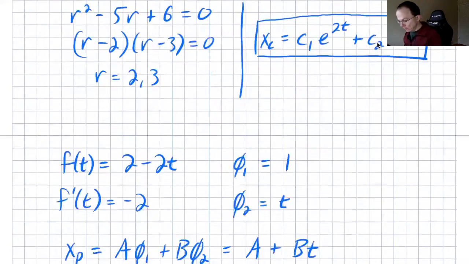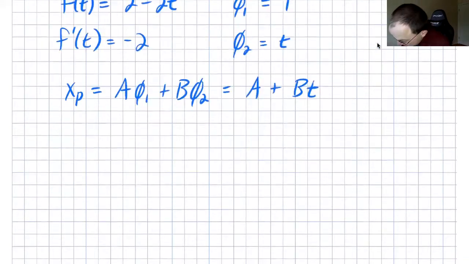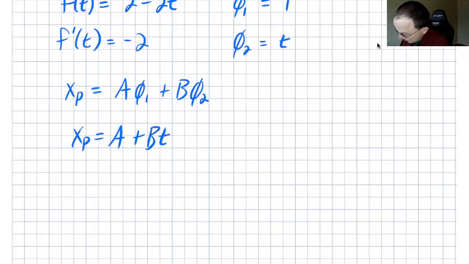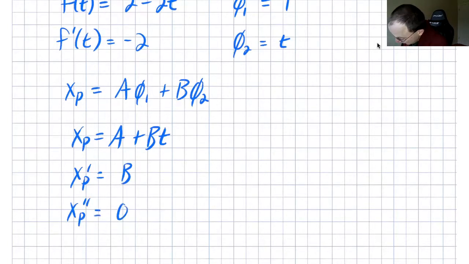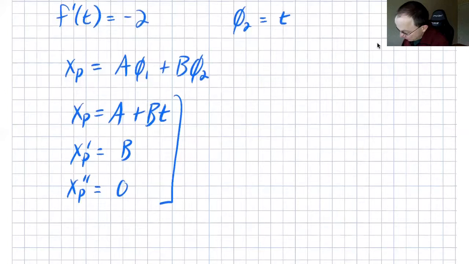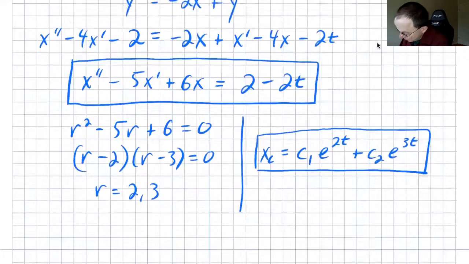So xp is equal to a plus bt. The derivative is equal to b, and then the second derivative is equal to 0. So now we'll substitute this stuff into our differential equation, which is this one.